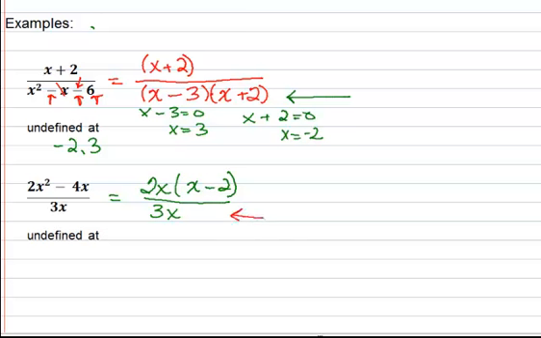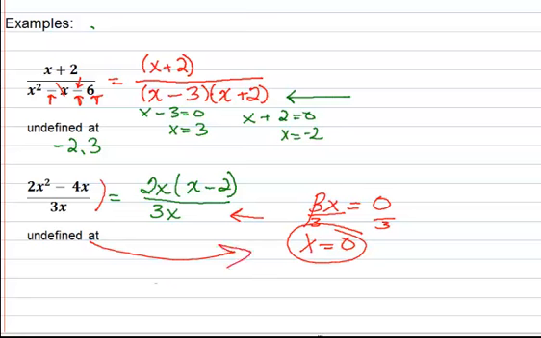So whatever factors are in the denominator, we set them equal to 0. In this case, we only have the one, really. We divide that by 3, and we're left with x is equal to 0. So this polynomial is undefined when x is equal to 0.